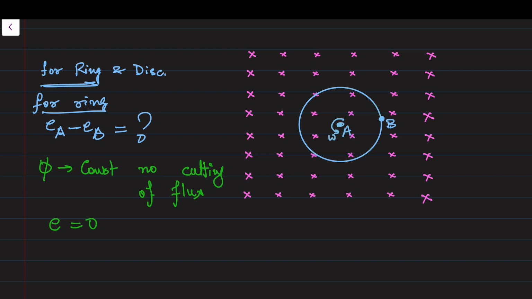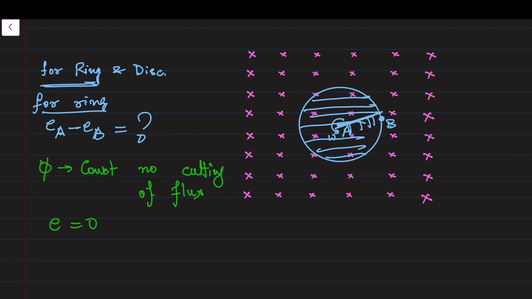Now try to see for the disk. Many students ask that we have the trouble, then for this also 0, then for disk also has to be 0. But for disk, it is not the case. Now, if it is disk, means here some material is there. Then what is happening? As this disk is rotating, every part of the rod is cutting the field lines.